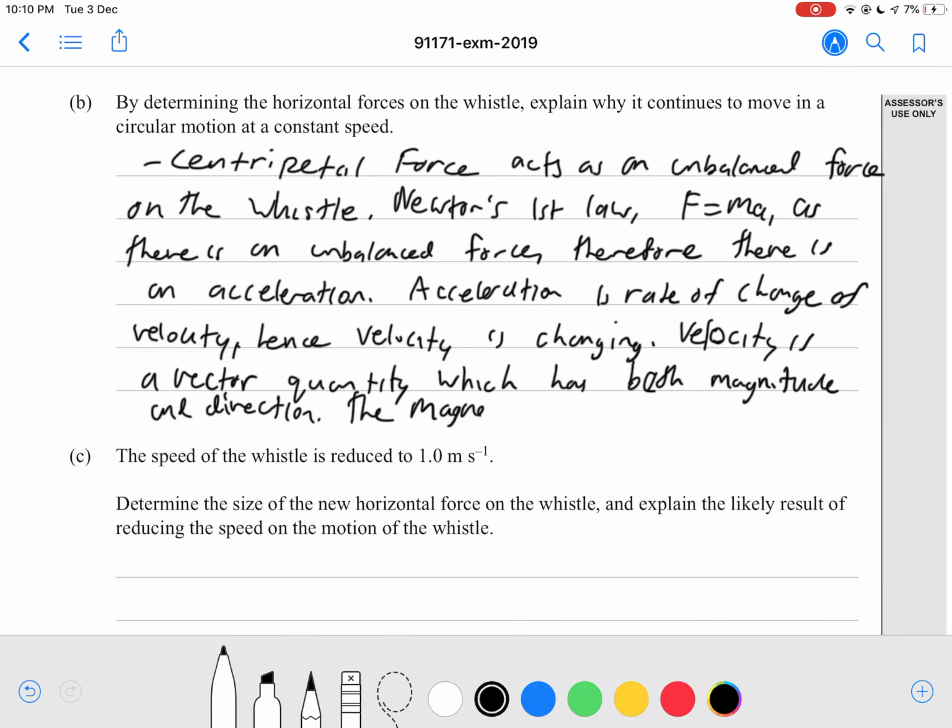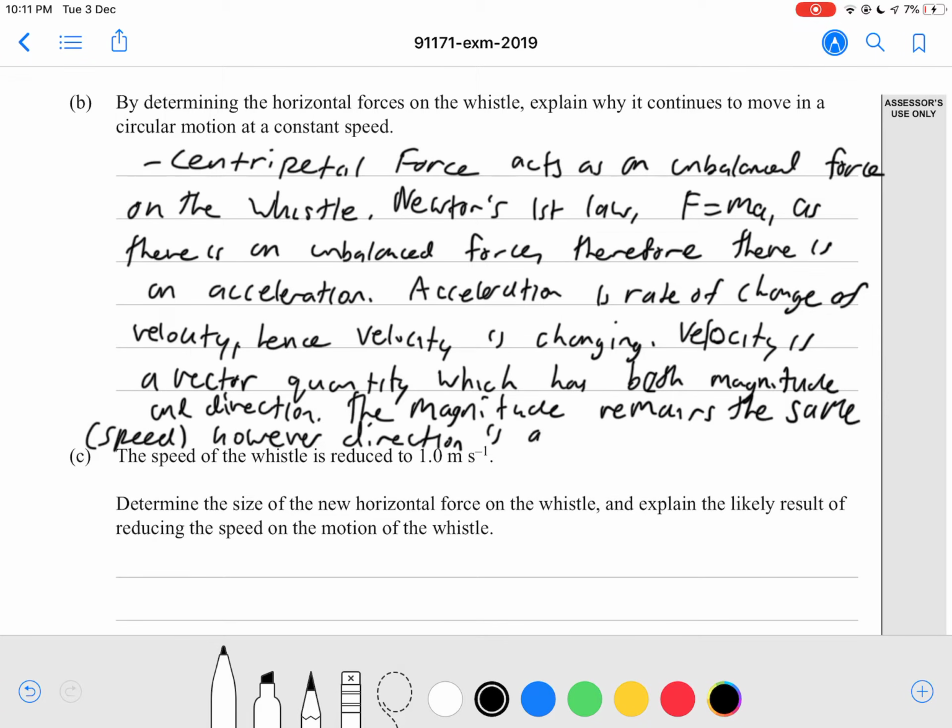I can't spell, wow. Okay, the magnitude remains the same. So that's your speed. However, direction is always changing, as it is moving in a circle.